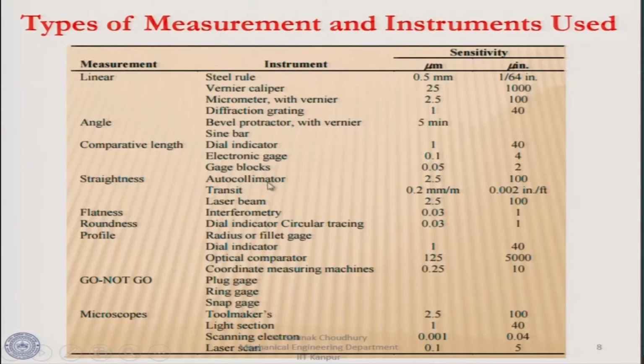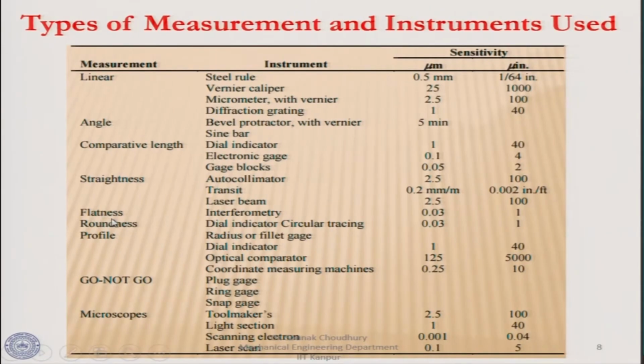This is an instrument that many of you might have already used in the lab. Here the sensitivity is reasonably okay, because it is straightness being measured, whereas for the transit laser beam the sensitivity is even better. These are at the micron level, for example.